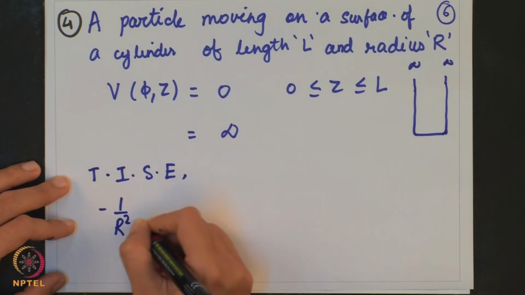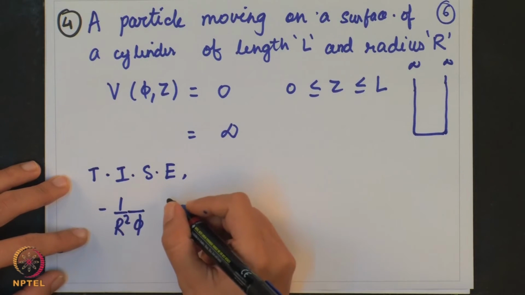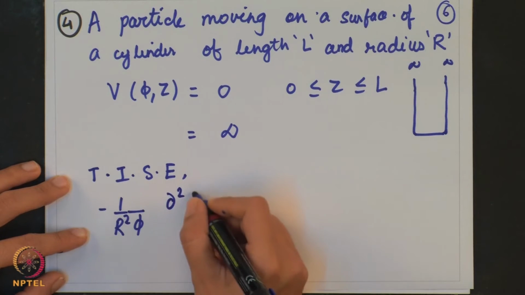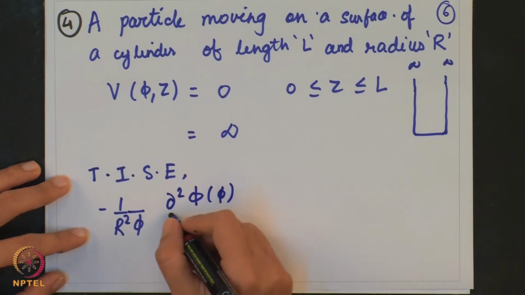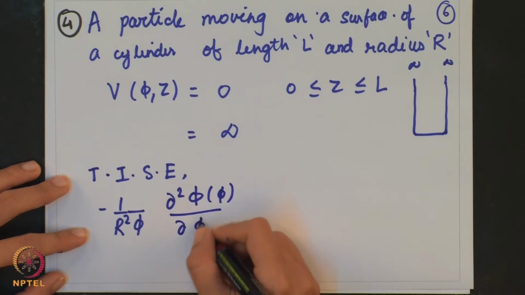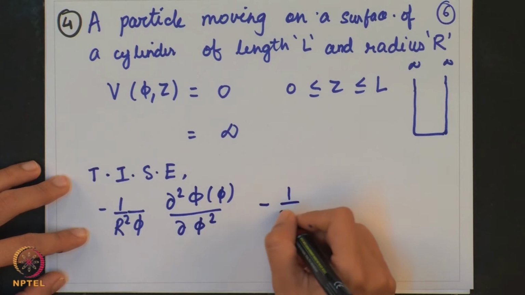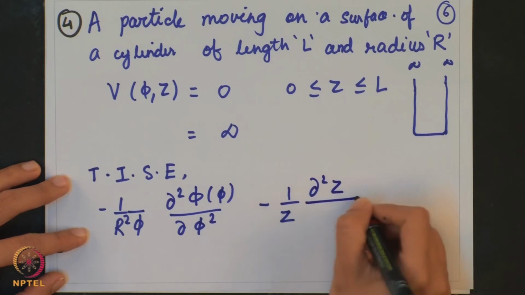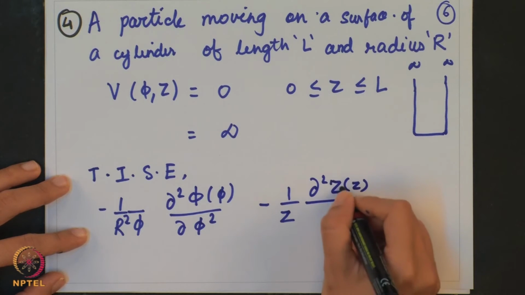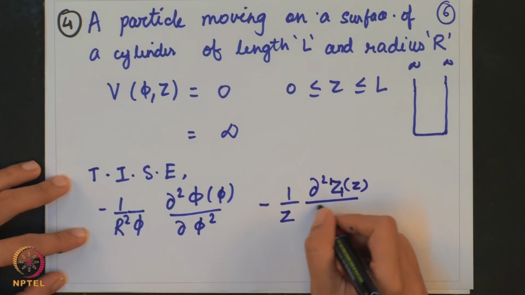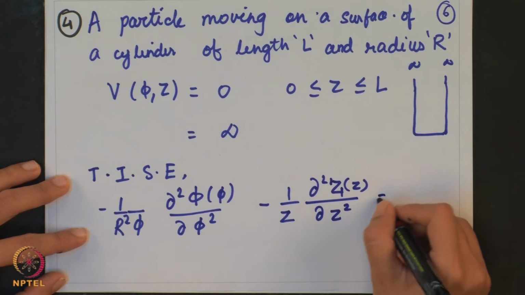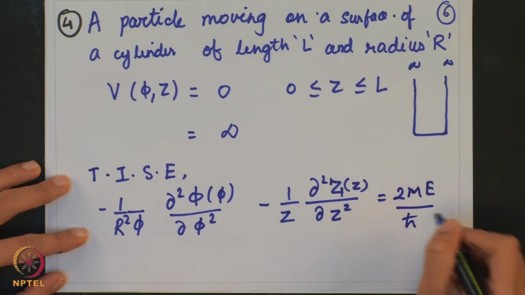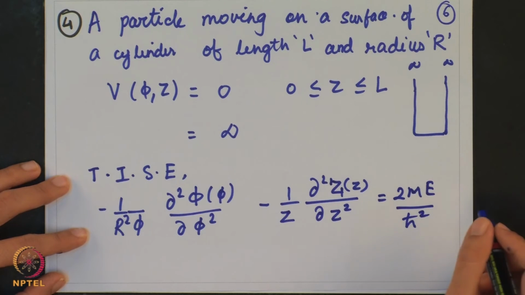So, we can write the time independent Schrodinger equation in terms of the cylindrical coordinates in this form: minus 1 by Z of del square Z of z. This is a capital Z, this is a small z, equal to 2 m E upon h cross square. This is the standard form.